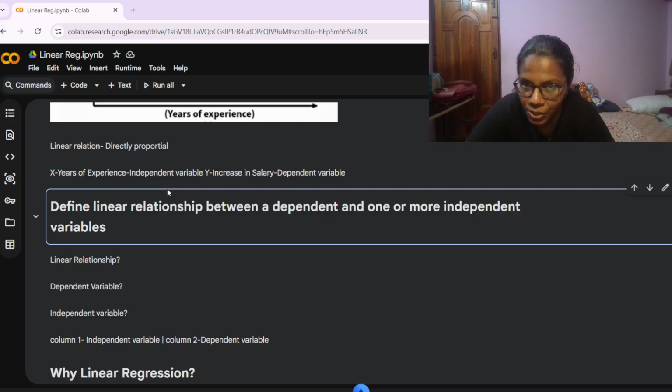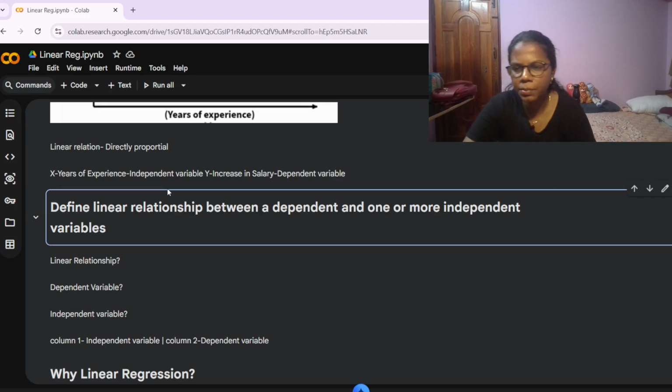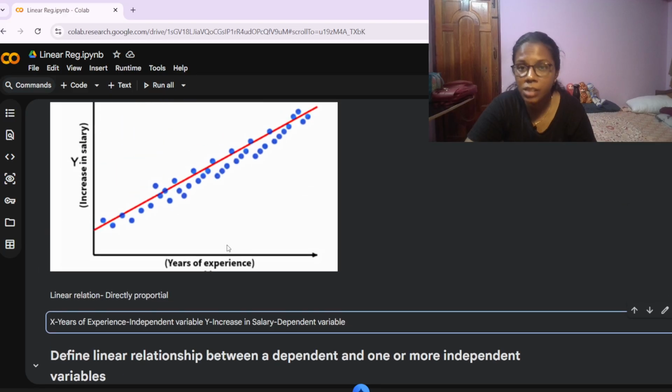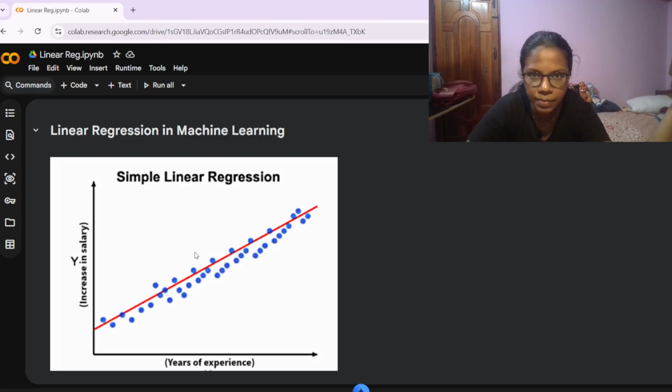Now if someone asks you what is linear regression, you could tell them it defines a linear relationship between a dependent and one or more independent variables. So why one or more independent variables? Because salary could be decided based on some other columns too. It's not just about years of experience. It's also about their previous pay, what they were getting in their previous company.